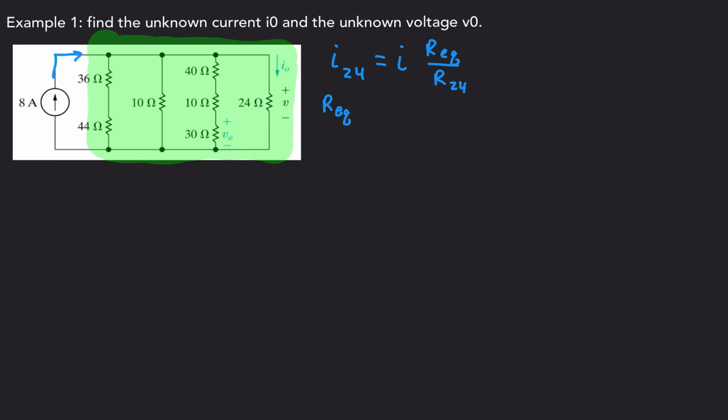R equivalent in this case is going to be the first branch, 36 plus 44 ohms, which is in parallel with a 10 ohm resistor, in parallel with 40 plus 10 plus 30, which is in parallel with finally 24.